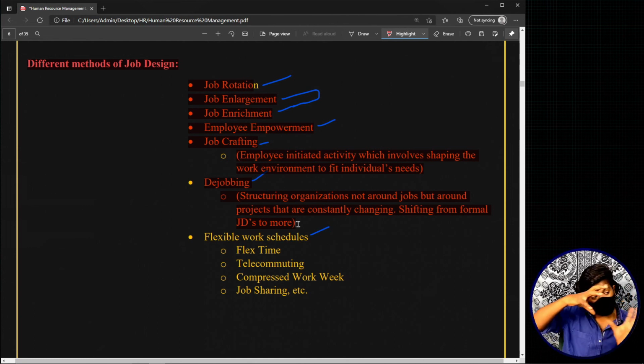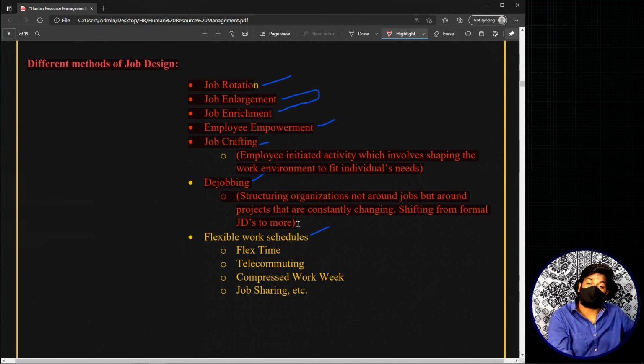So in this method, you don't follow the formal job description, but you revolve around the constantly changing environment, the constantly changing job market, or constantly changing roles.